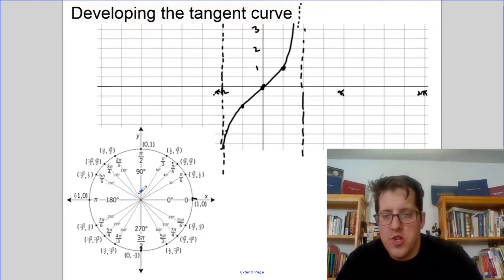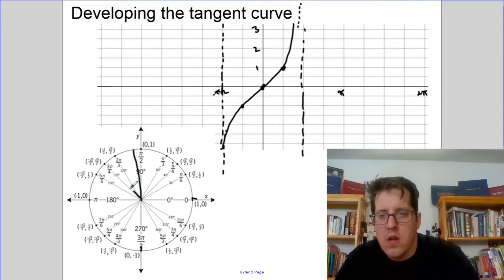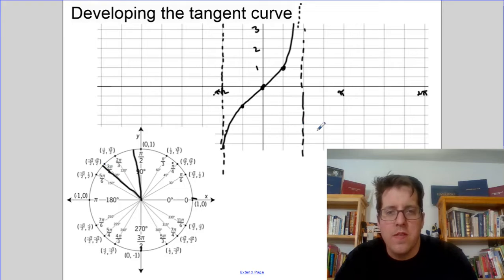Now, if we hop over to the other side of the unit circle, we can see something interesting. When we go to just past pi over 2, we again have a very negative slope. So our graph is actually going to repeat. 3 pi over 4 has a slope of negative 1. Pi is 0. 5 pi over 4 is positive 1.